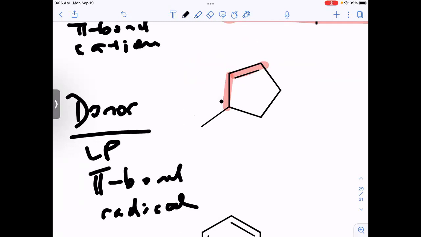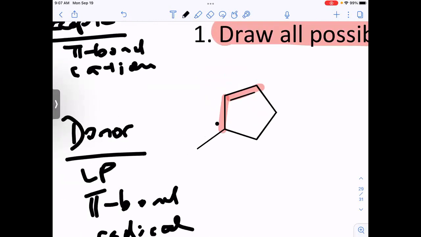The reason that resonance occurs is to take an electron or pair of electrons or charge and to spread it out over multiple atoms. That's why the donor and the acceptor have to be connected. So for this radical, you wouldn't put it here. That would violate the resonance rules. Plus, the carbon itself is not going to be able to accept that pair of electrons.